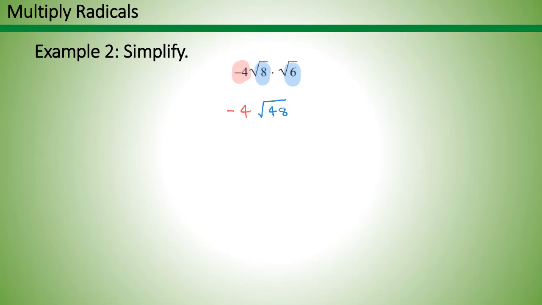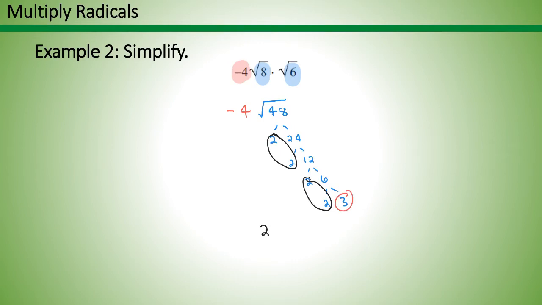Okay, so this 48 is going to break down as 2 and 24, 2 and 12, 2 and 6, and 2 and 3, okay? So I have 2 pairs of 2's, and this 3 is stuck on the inside.